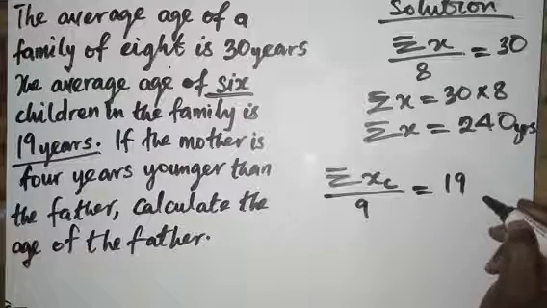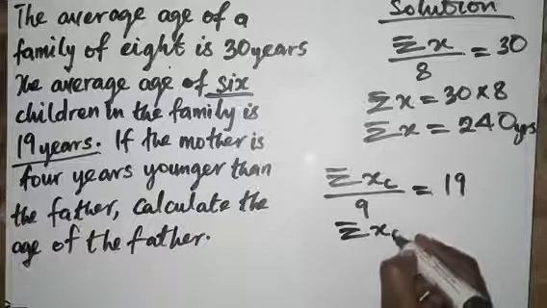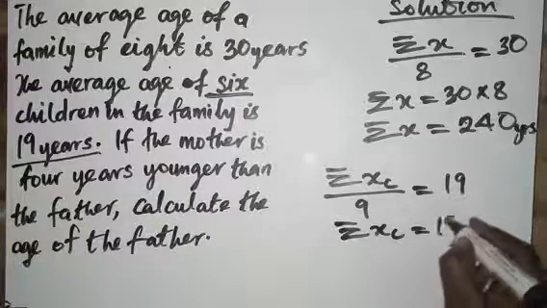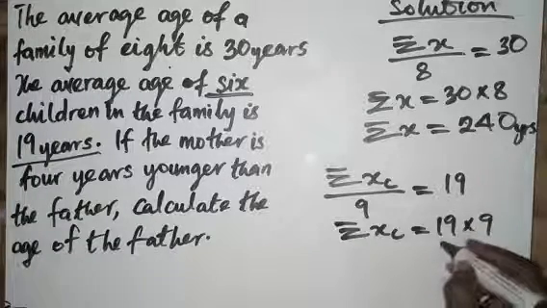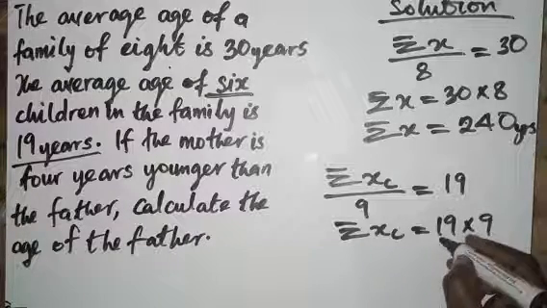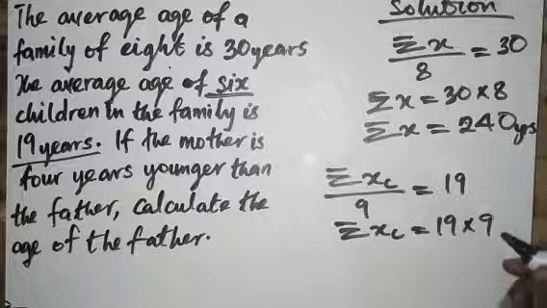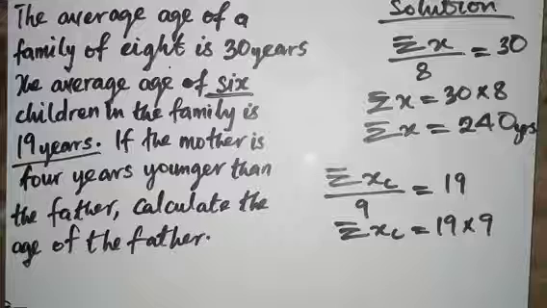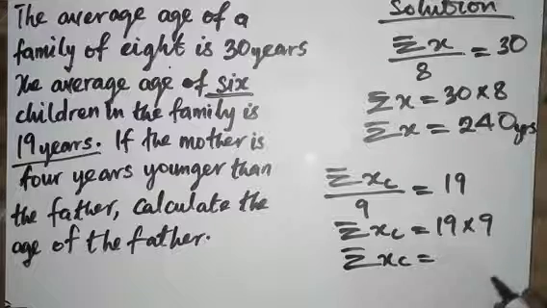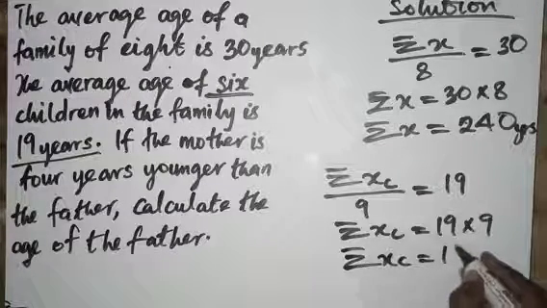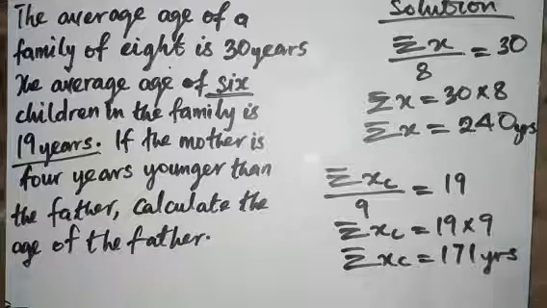If that is the case, then the total of the ages of the children is going to be 19 times 9. 9 times 10 is 90. 9 times 9 is 81. So 81 plus 90, the sum of children's ages is going to give me 171 years.